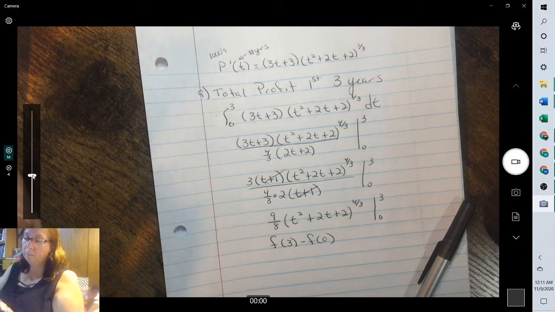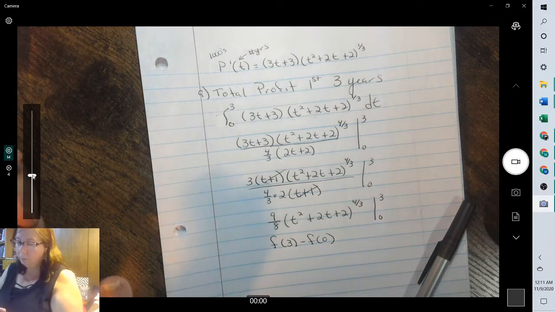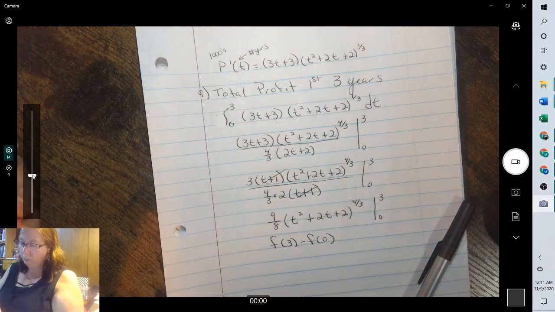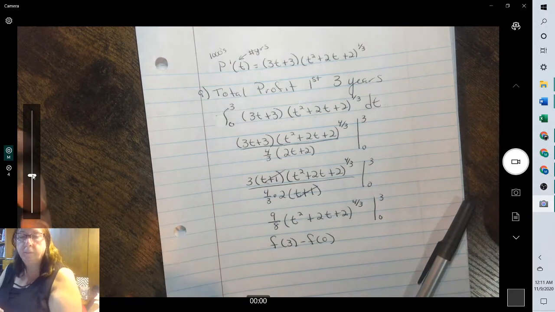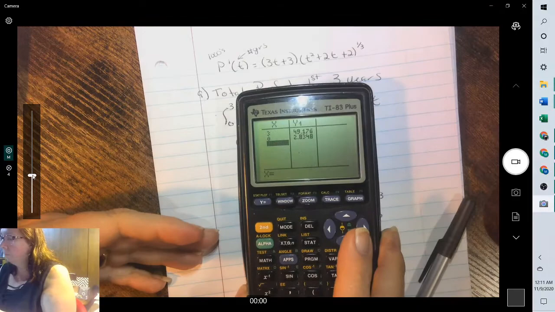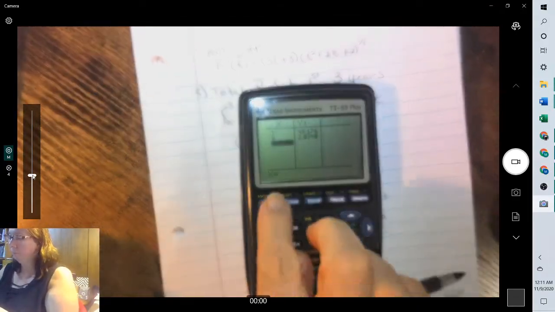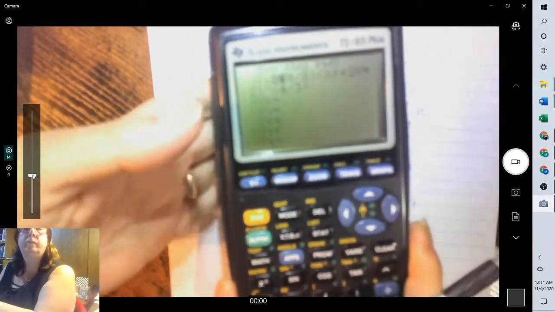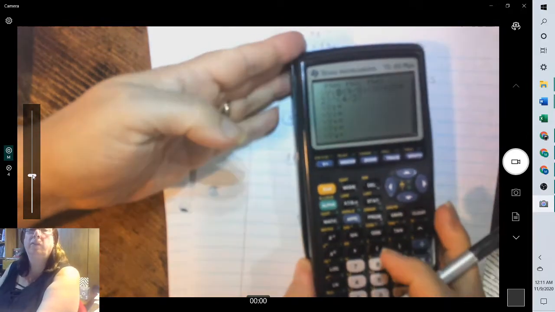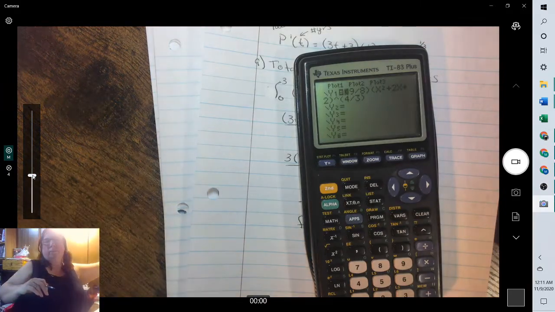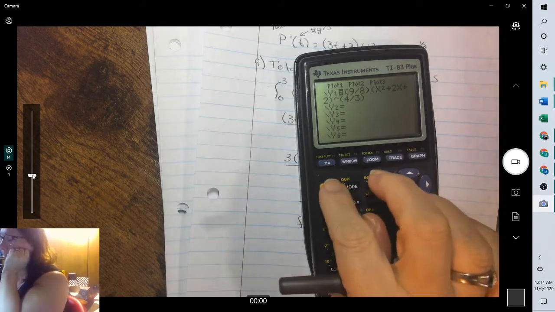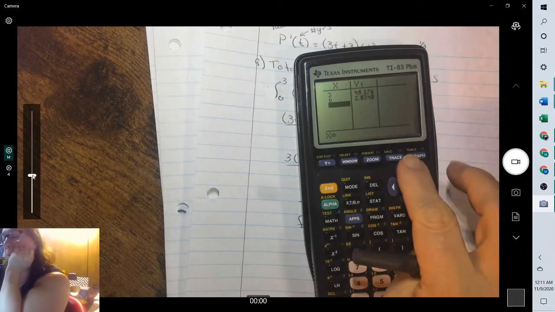Go to your table and plug in 3 and 0. So we have 9/8 times x squared plus 2x plus 2 to the 4/3. And go to our table, and I plugged them in already.